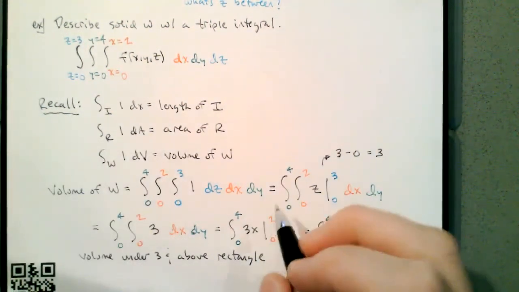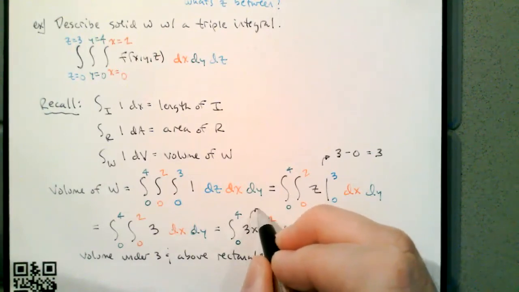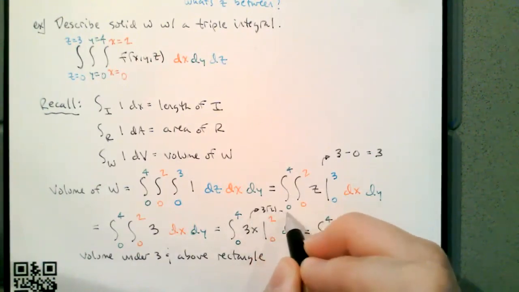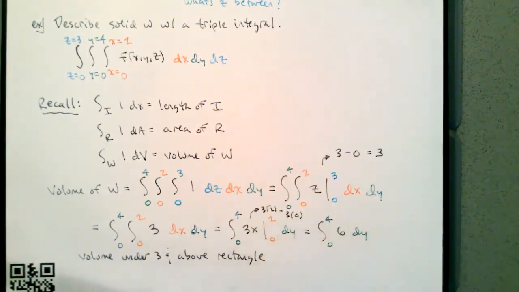Once again, the 3x evaluated from 0 to 2 is 3 times 2 minus 3 times 0. So here we're integrating the function from 0 to 4 of 6 dy. This is going to give us our 24.